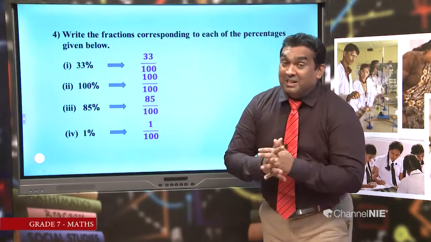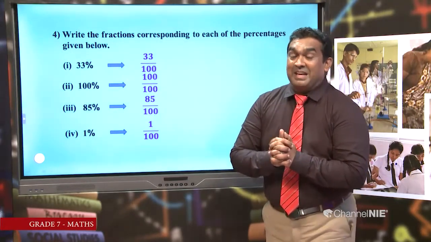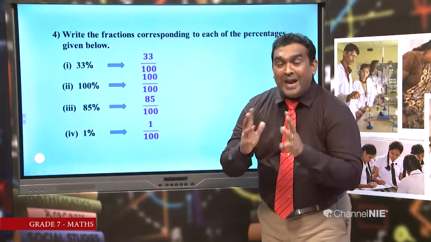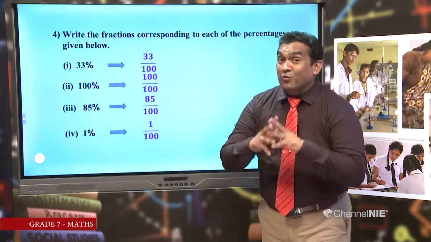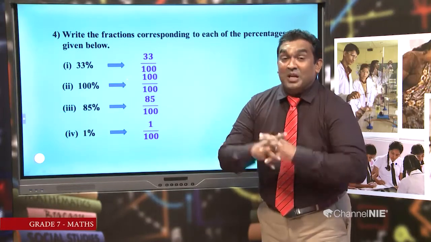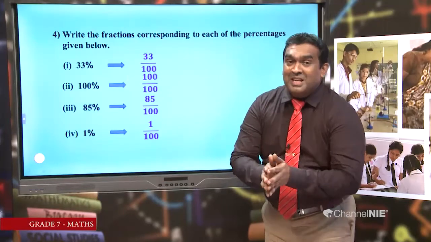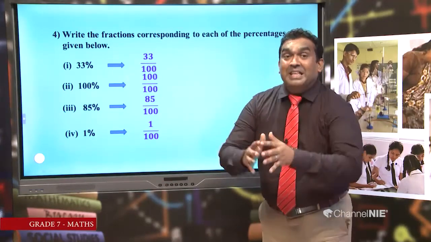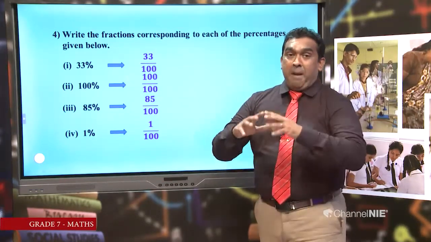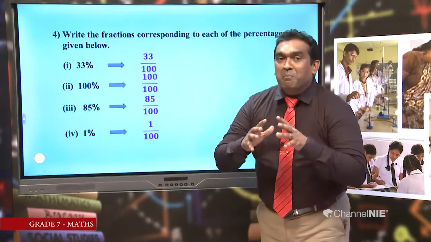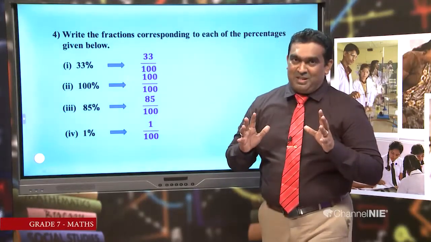In grade 10, about taxes. Income tax, VAT. VAT means value added tax. Rates, discounts, profit percentages, loss percentages, they are percentages, applications of these basic concepts.